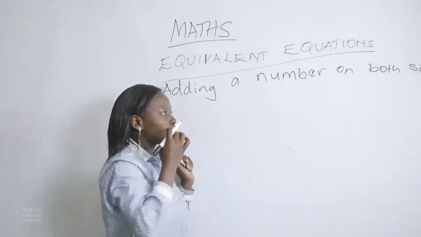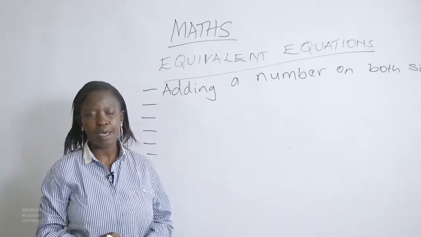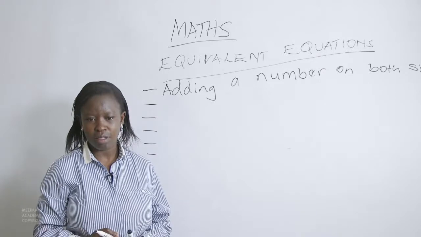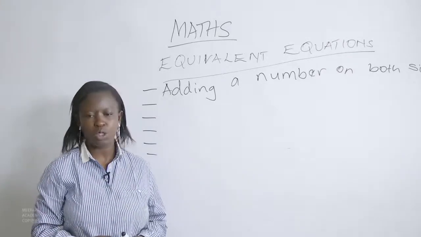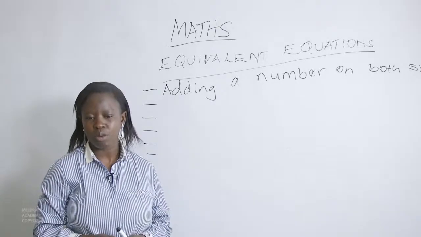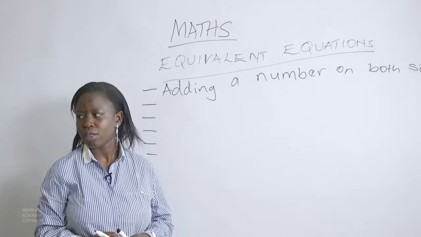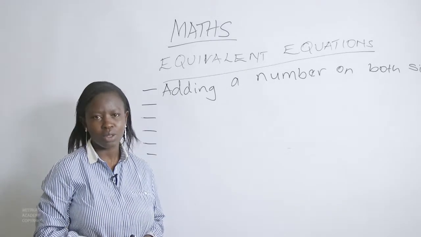We will say that an equation is equivalent if it is possible to add a number on both sides. So if a number can be added on both sides of the equation, that is the right-hand side and the left-hand side of an equation, then this equation will be called an equivalent equation.